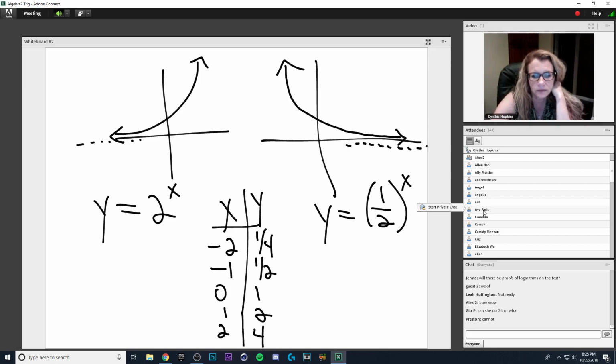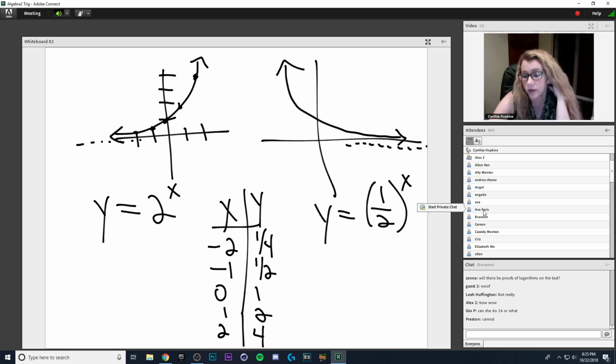So then when x is negative 2, there's my 1/4, super tiny number. When x is negative 1, I'm at 1/2. When x is 0, I'm at 1. When x is 1, I'm at 2. And then when x is 2, that's where it kind of goes way up there. And you can see that those points all landed on my little sketch.